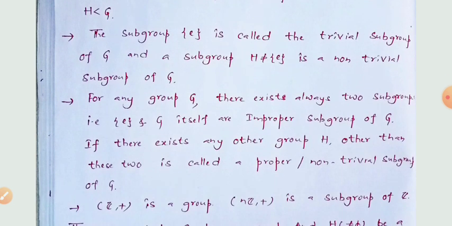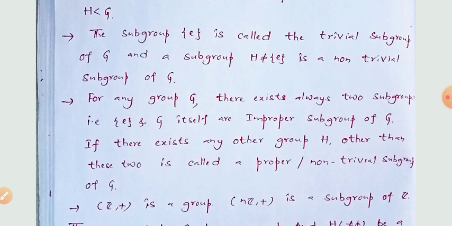For any group G, there always exist two subgroups, that is, the set {E} and G itself.